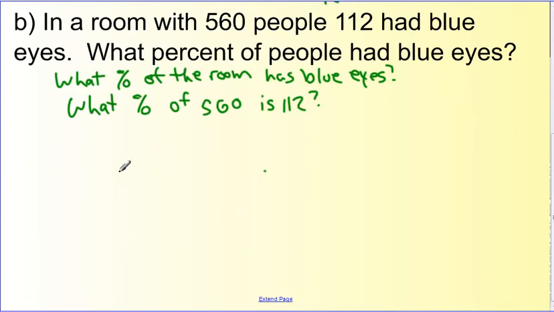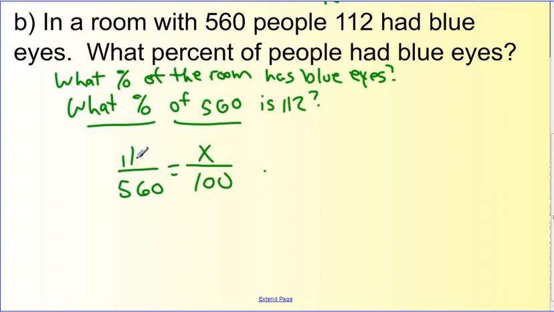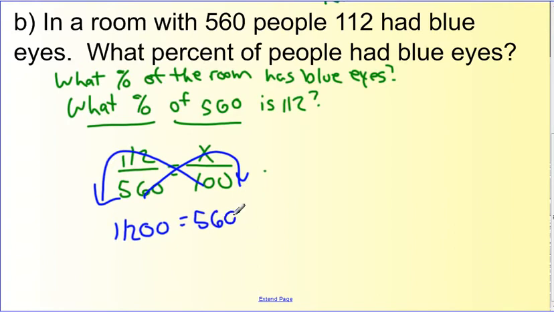So proportion, 100. What percent? Good question. Of 560 is 112. Cross multiply. 112 times 100 is 11,200. 560 times x is 560x. To solve, we divide by 560 here, so they cancel.